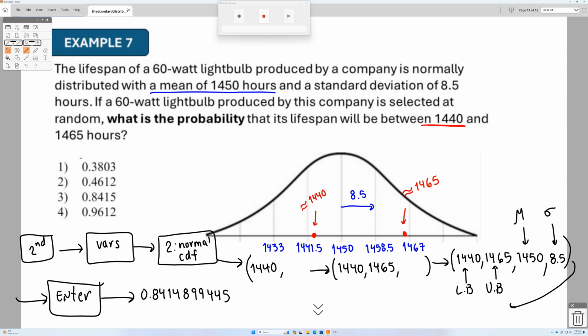The probability that the lifespan of the light bulb is between 1440 and 1465 hours is approximately equal to 0.8415, or 84.15%.